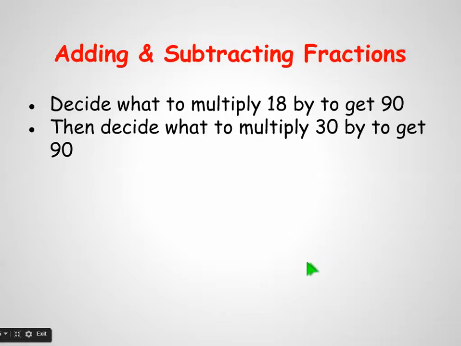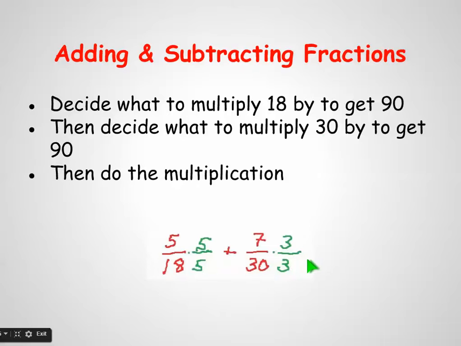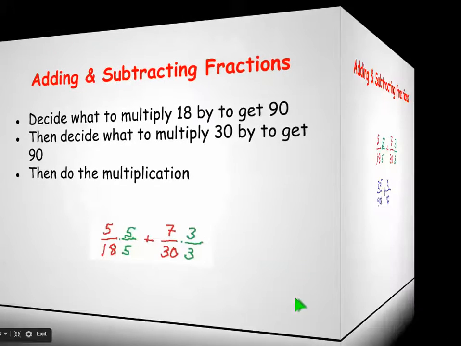That's pretty easy. Then I do my multiplication. 18 times 5 is 90, so I multiply the numerator and denominator by 5. 30 times 3 is 90, so I multiply the numerator and denominator by 3.